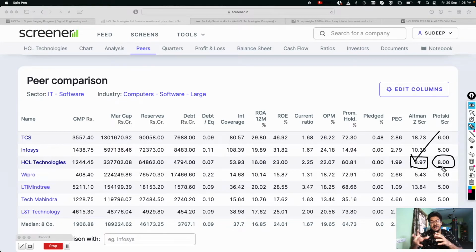It takes into account multiple fundamental factors of the company and gives us a number. The higher the better. 9 is the highest, and if a company has more than 4 or 5, then we can call it a good company. And as you can see here, HCL Technologies' score is more than even TCS and Infosys. So that's a very good thing.